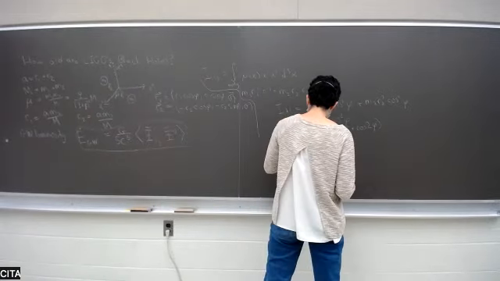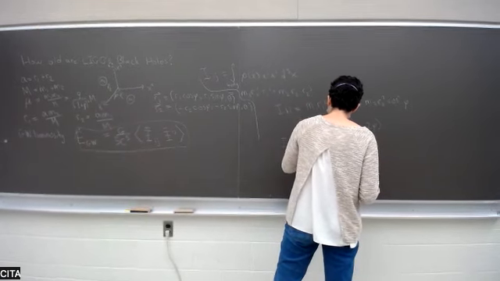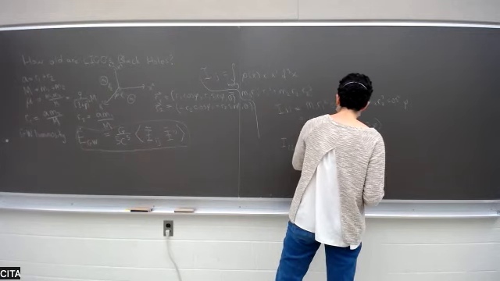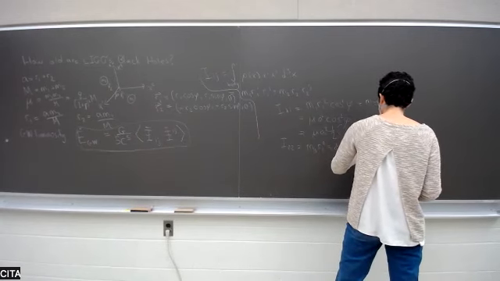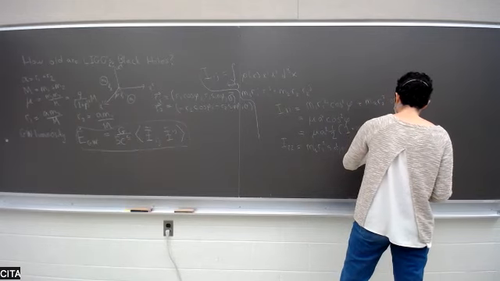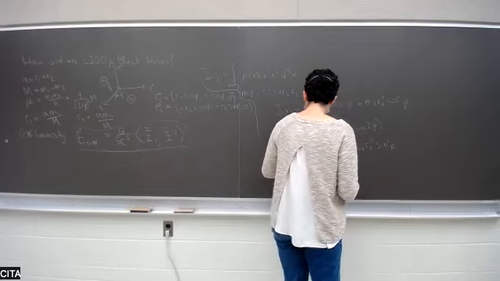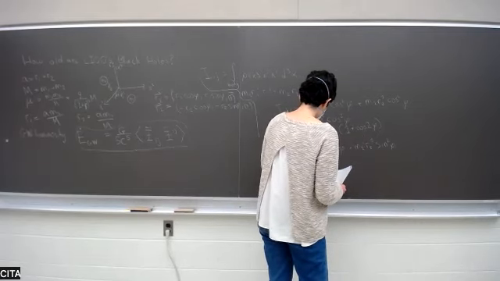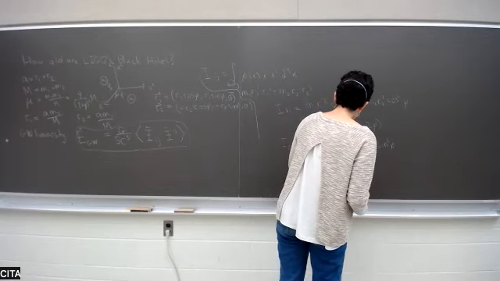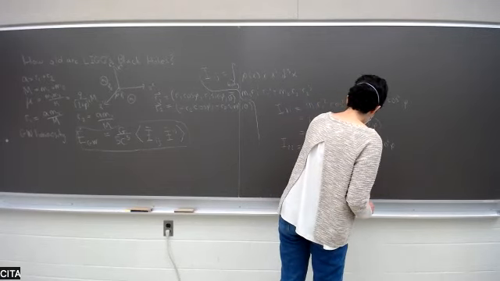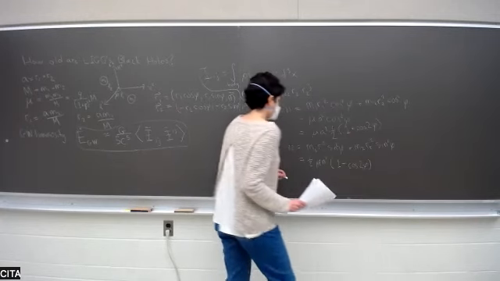And that is just going to be M1 R1 squared sine squared phi plus M2 R2 squared sine squared phi. And so this is mu a squared sine squared phi.